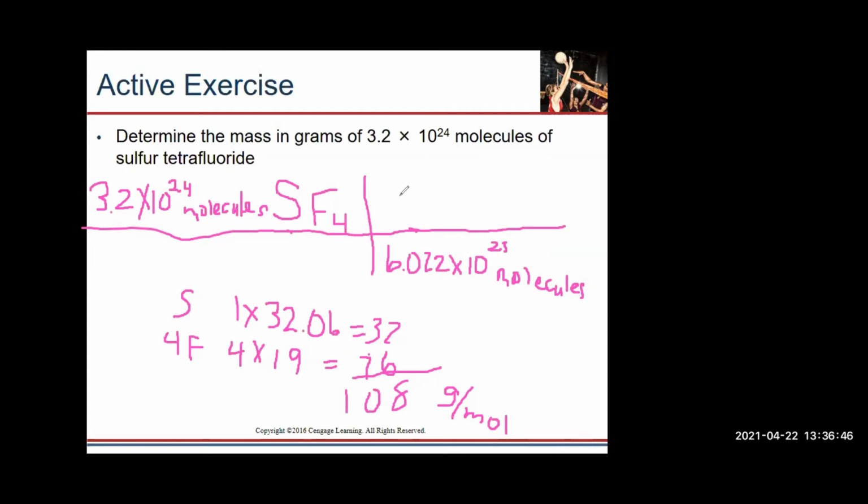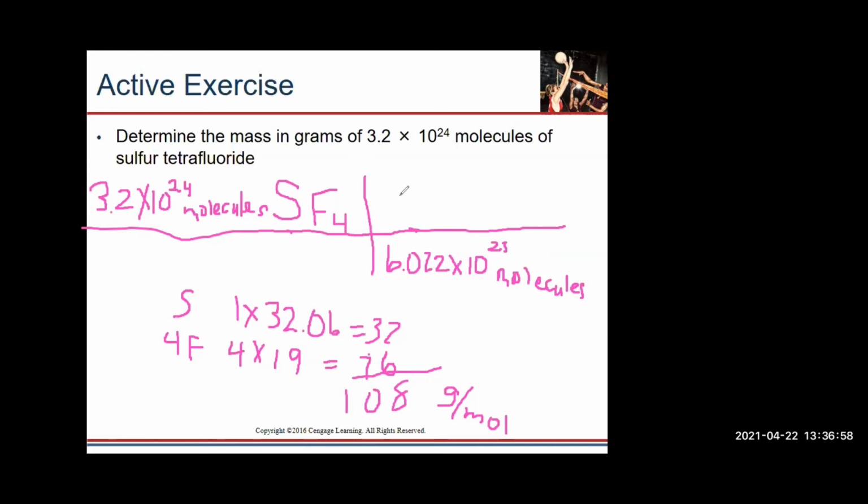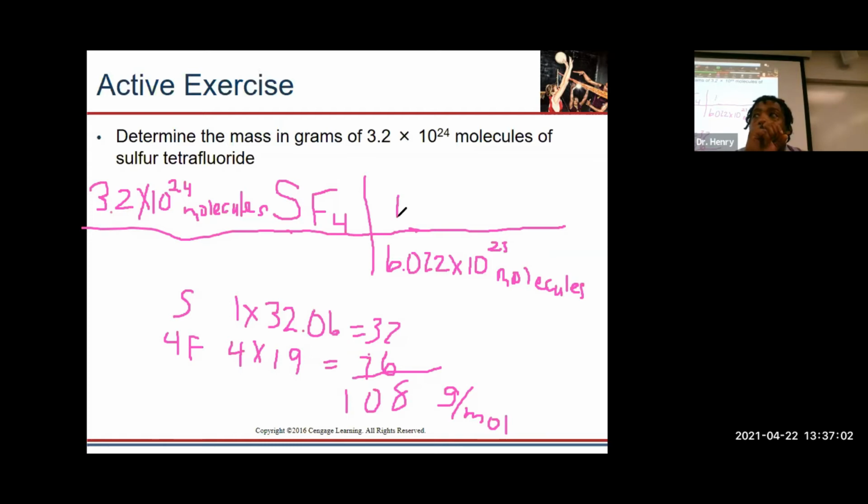Grams? Or, because Avogadro's number is what? What equals 6.022 times 10 to the 23rd? 1 mole. Okay, so now I got things in terms of moles, right? Because my molecules are going to cancel out. And then I have a mole of SF4.